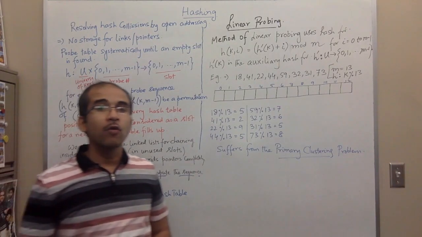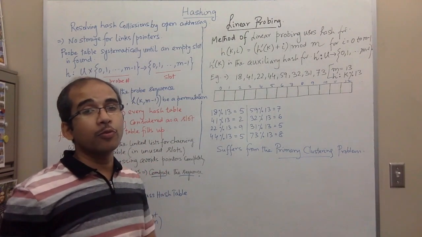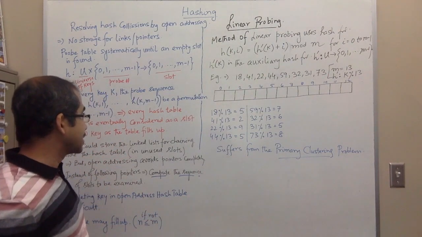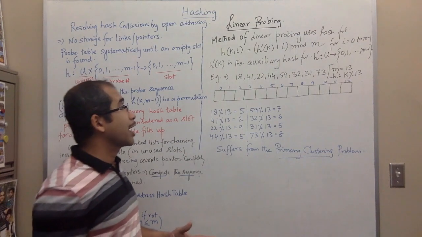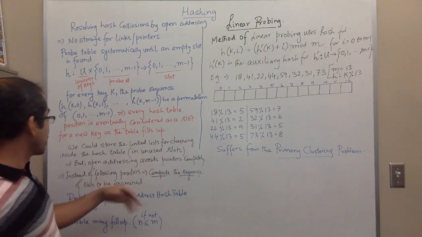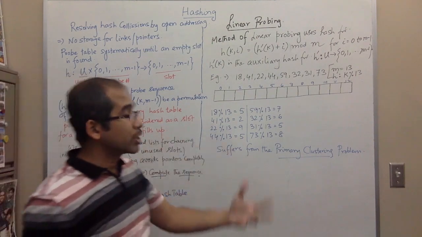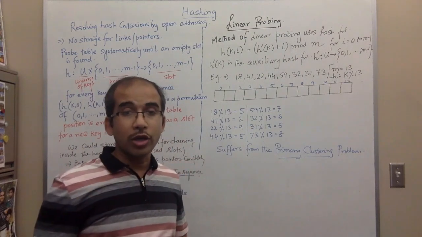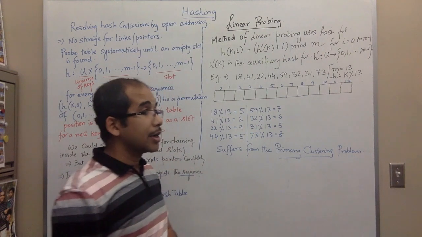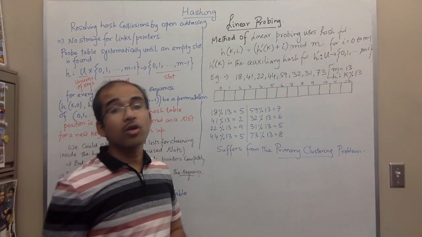After introducing the open addressing concept, let's go to linear probing, which is one form of probing using which the open addressing method is implemented. We try to find the next slot to search. Open addressing avoids pointers, so instead of following pointers, you compute the sequence of slots to be examined. What is the next slot to store a key which is colliding with an already existing key? A linear way of finding this slot is called linear probing.